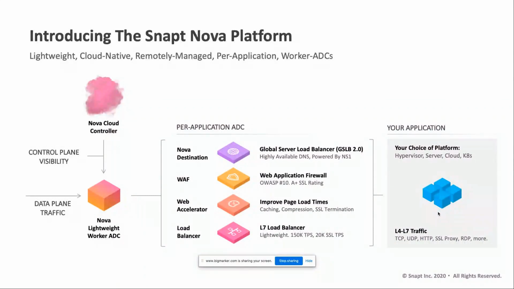And of course, the GSLB function, or what we call the Nova destination, which is a dynamic endpoint that can help us deliver application globally. We can provide access to that same application through multiple continents, through Asia Pac, Europe, and North America, and other locations, simply by providing access to the Nova destination.